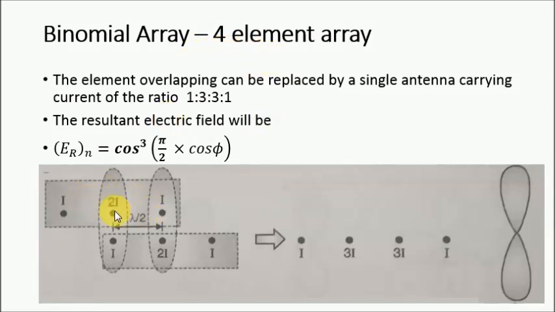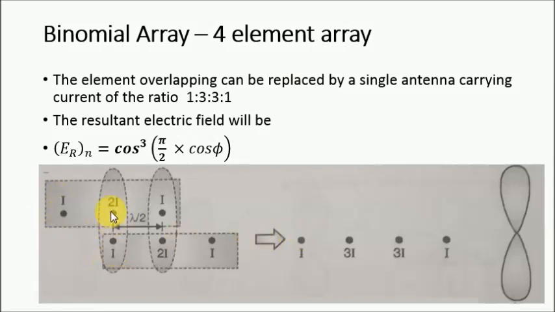Now in this case we have taken the 3 element array, and the 3 element array is again repeated in the same sequence by skipping the first element. Now you can see the first element is as it is.